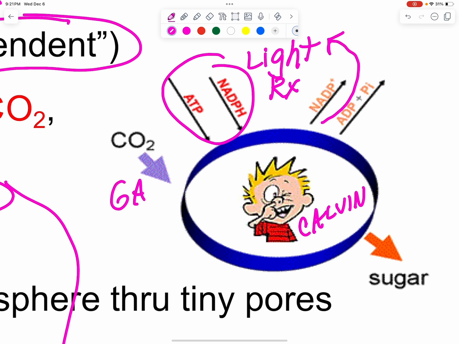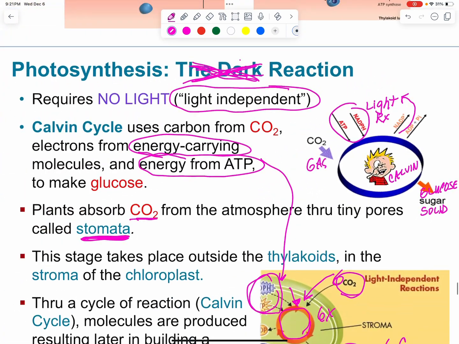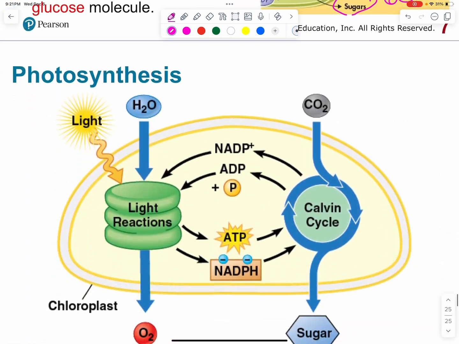Plants need to take in the gas of carbon dioxide, and they are going to make a solid sugar, and that is glucose. That's your script. You can ad-lib the rest of the detail, but that is going to get you an A.